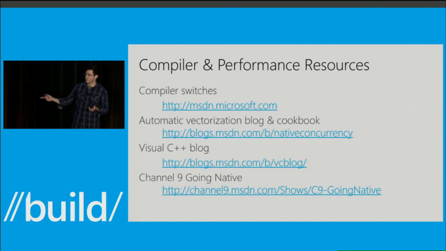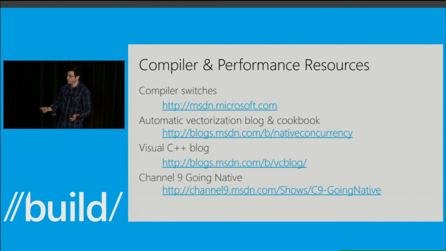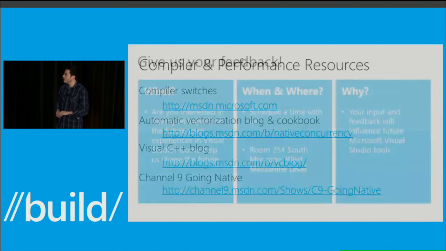We also have the Visual C++ blog, and Jim Hogg, writing on the Visual C++ blog, is giving a blog series about compiler optimizations. Check that out. It's really cool. I work on that team, so I think it's really cool. And then there's also the Channel 9 Going Native stuff where there are interviews. A lot of it's dealing with performance of native code, the Standard Template Library, stuff like that.